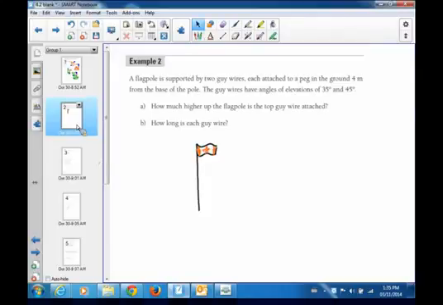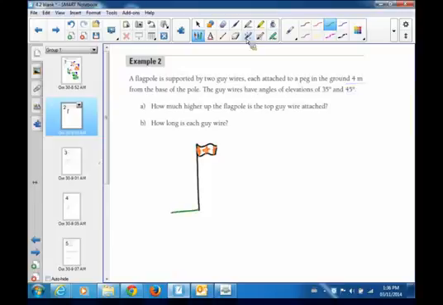Anyways, the flagpole itself doesn't matter if you have details on it. I just thought I'd put that there. Now, the guy wires have angles of 35 and 45 degrees. It doesn't matter how you draw it, but the base has to be the same, 4 meters from the ground for each. So I'm going to draw one triangle like this.